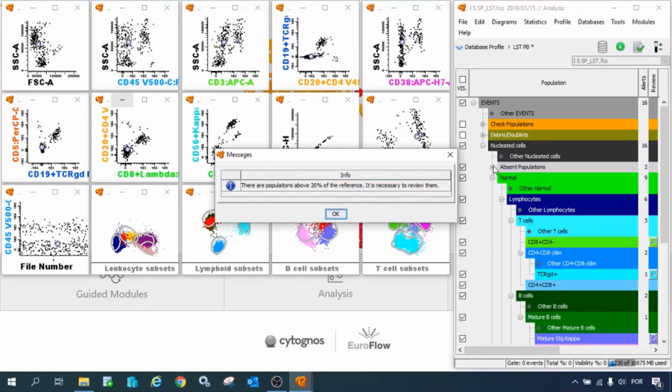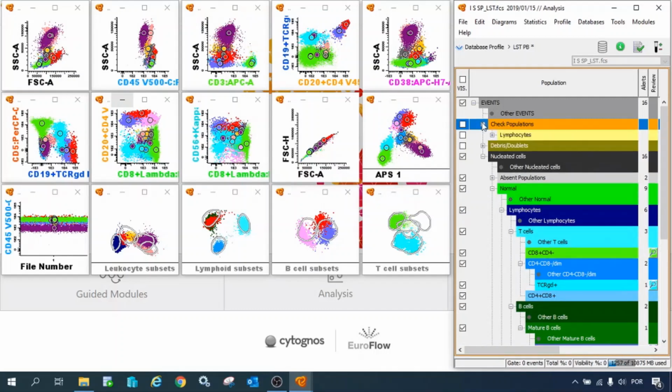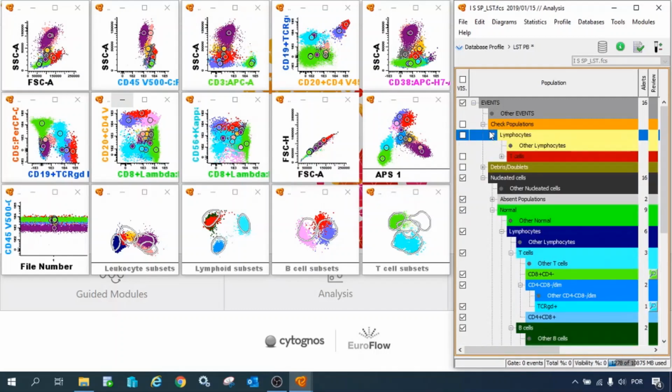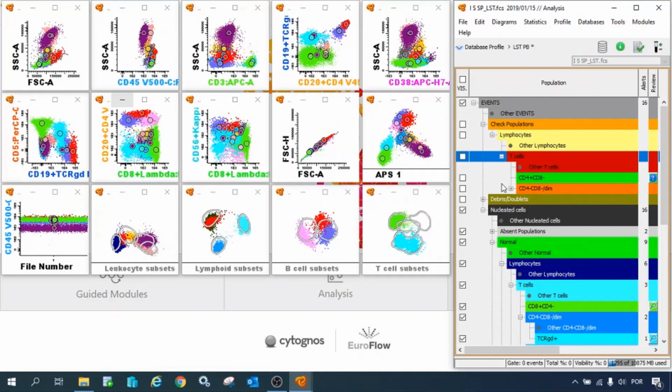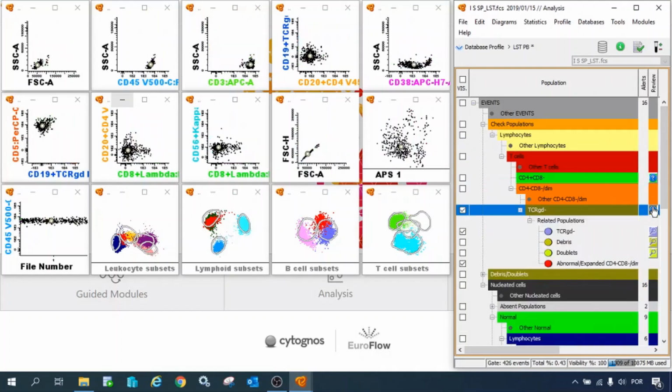The analysis is finished, but it tells us that we have populations above 20% of the reference. So we have to go back into reviewing them. These populations are lymphocytes, they are T cells, and they are double negative or CD8 dim T cells, gamma delta negative. I confirm this is the case.